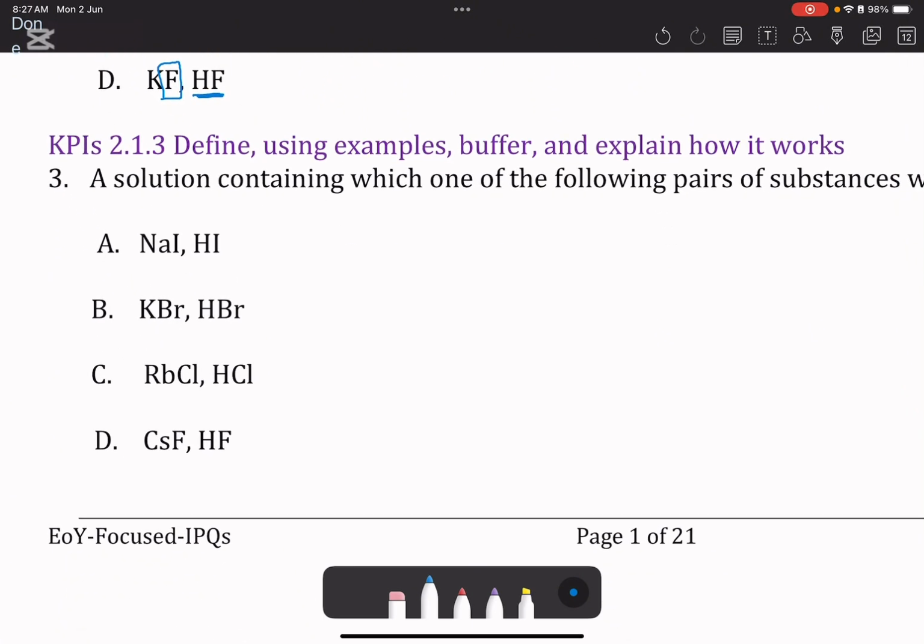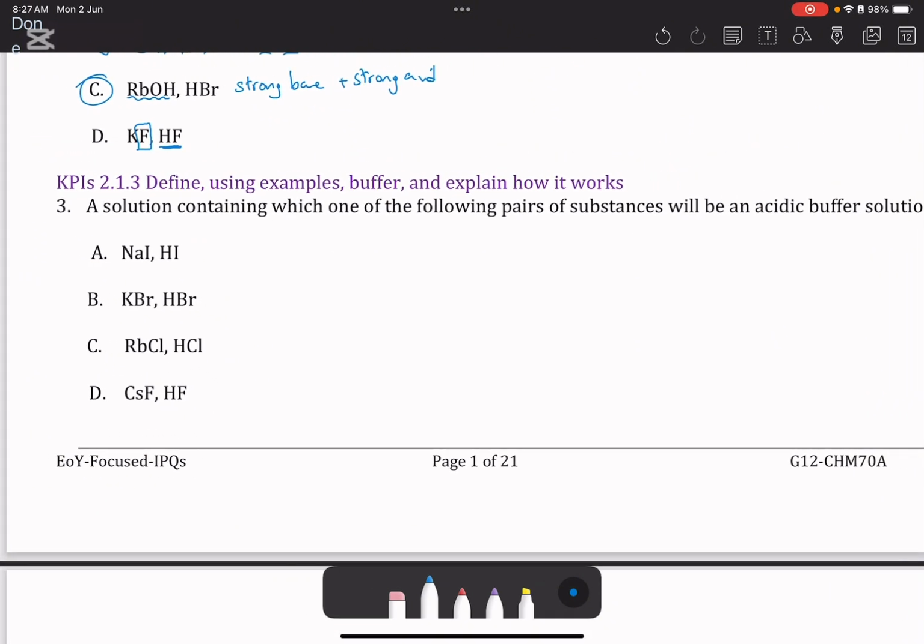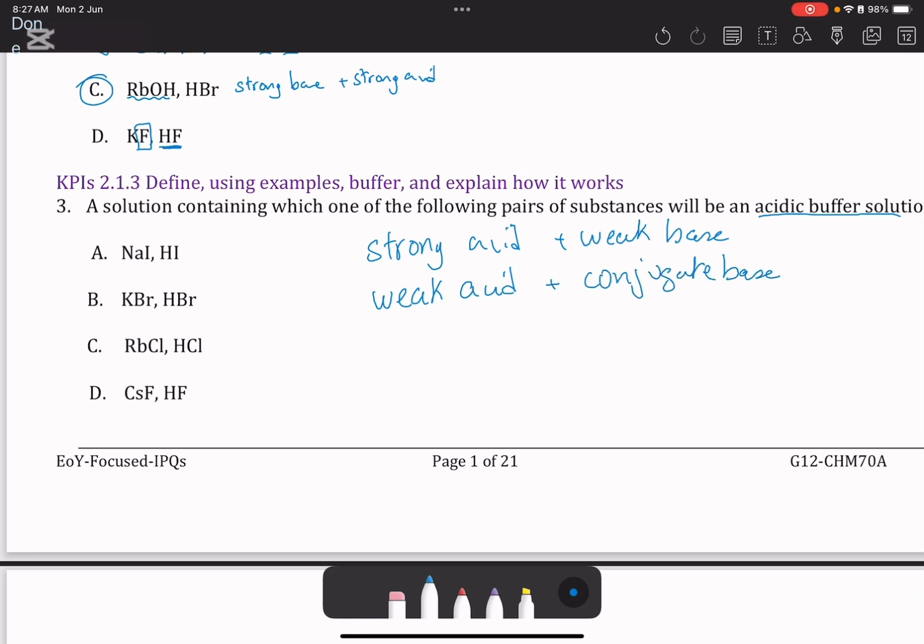Now, moving on, a solution containing which of the following pairs will be an acidic buffer? To have an acidic buffer, I need a strong acid with a weak base, or I need a weak acid with its own conjugate base.